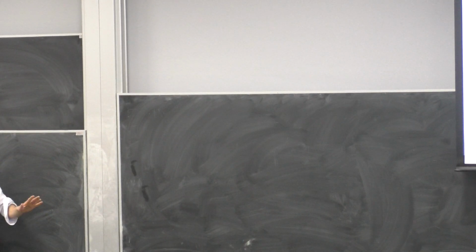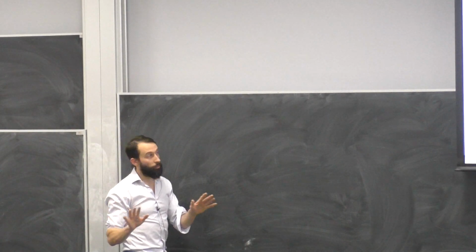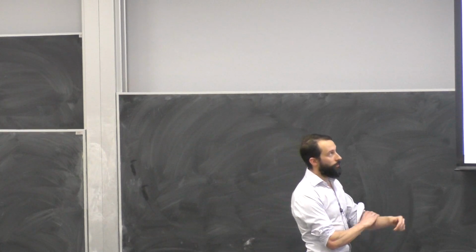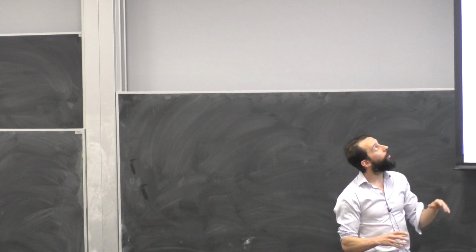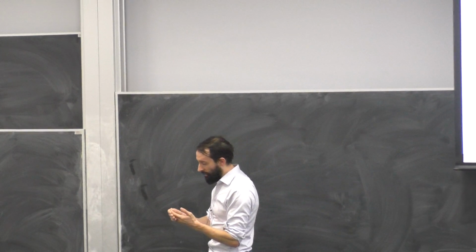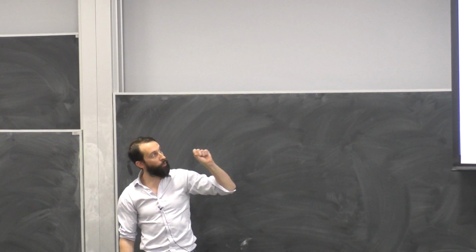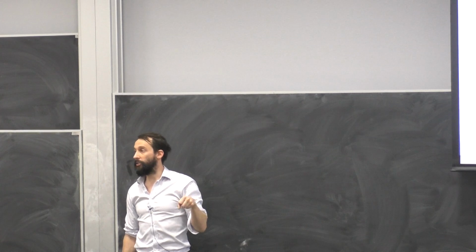For accelerated failure time models, we modified the survivor function to speed up or slow down time. What we're going to do with proportional hazards instead is modify people's individual hazards.